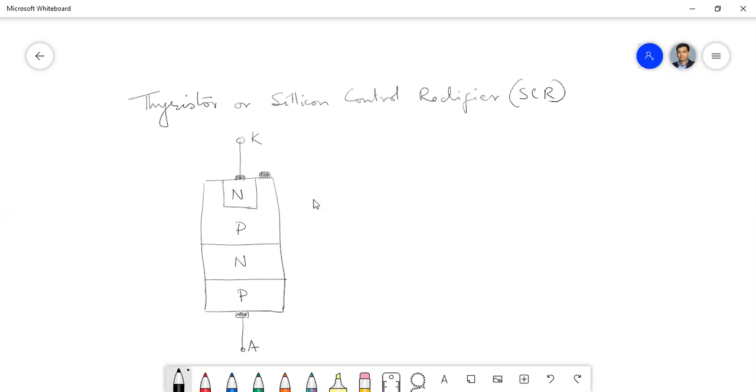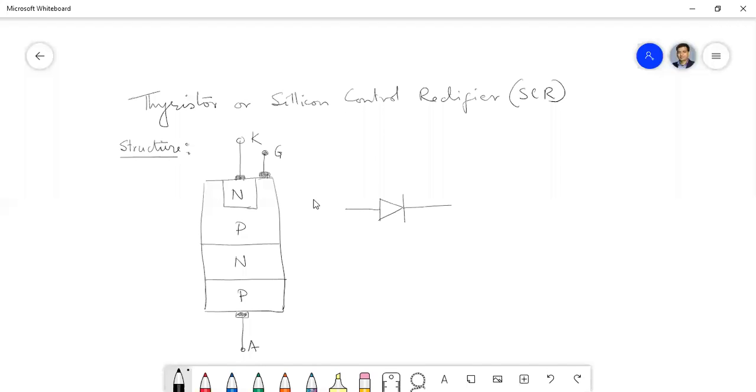So therefore we have one more terminal, and that is called the gate terminal. So this is the gate terminal. This is the real life structure of SCR or thyristor.